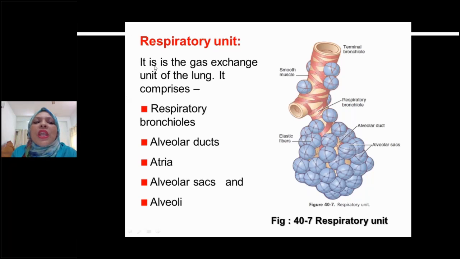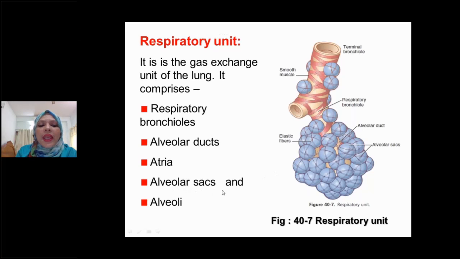Now, for the written exam, you have to write: respiratory unit is the gas exchange unit of the lung. It comprises 5 things. Respiratory bronchioles. Then alveolar duct. Then atria, in between the alveoli.